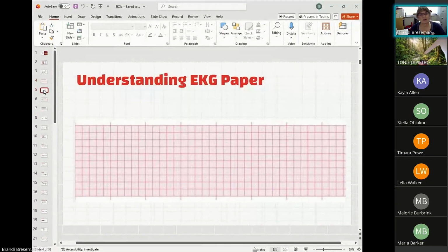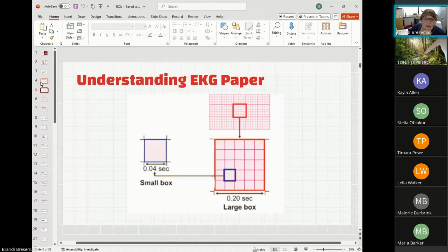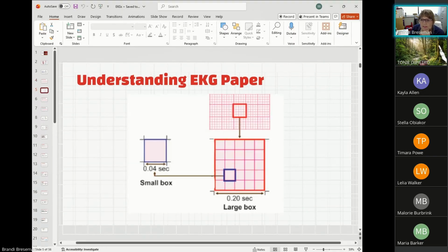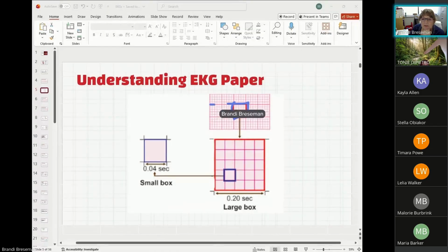Okay. So now, when we were looking at this, I was telling you about the big blocks and then little blocks. This is a big block right here. Hold on, I'll annotate. This is your big block, right? And you can see another one would be here. It's your thicker pink lines.